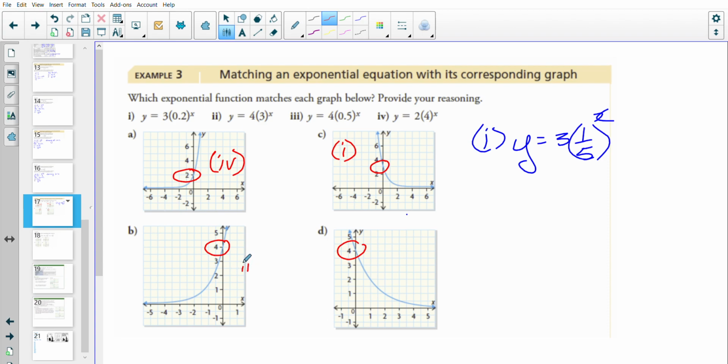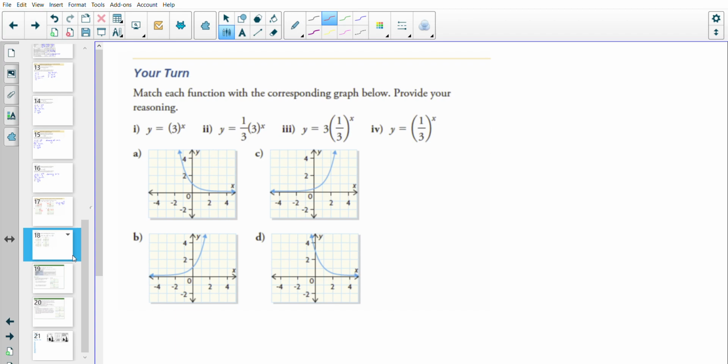That would be function 2, because we have a b value which is a whole number, and a y-intercept of 4, which leaves only function 3 as our d value. Check your answers and move on to the next page. Give these questions a try, and we'll take it up in a few minutes.